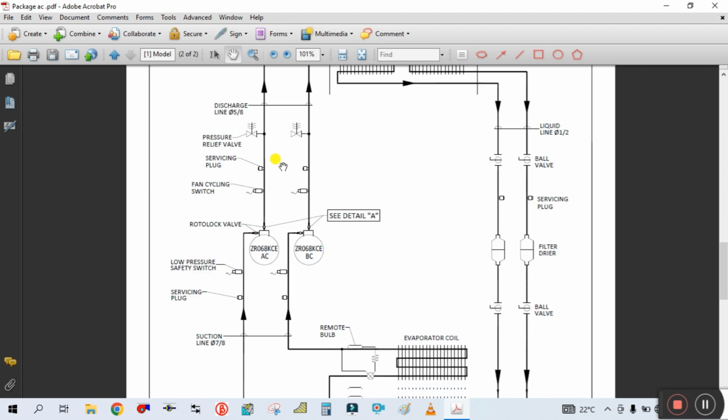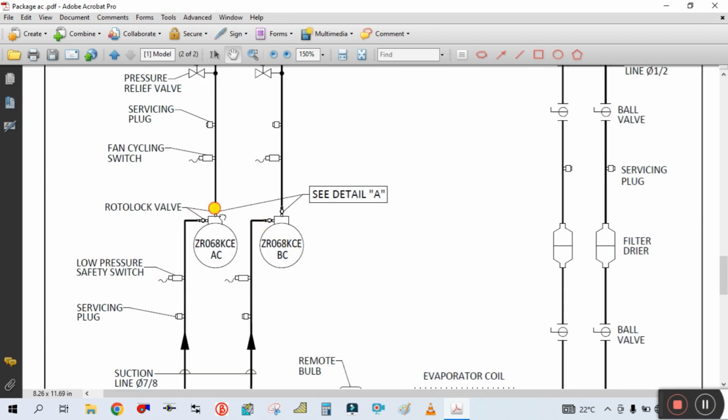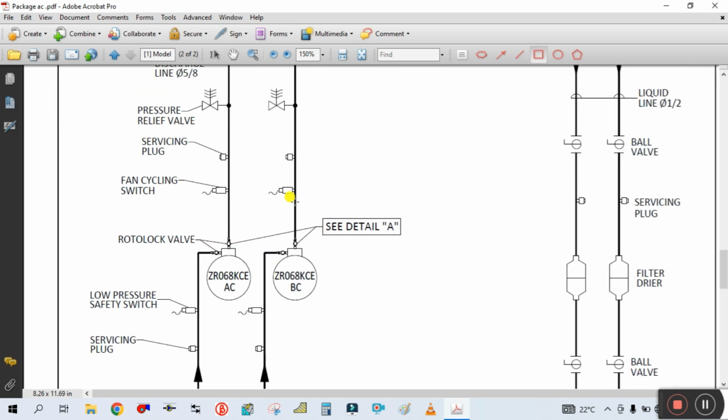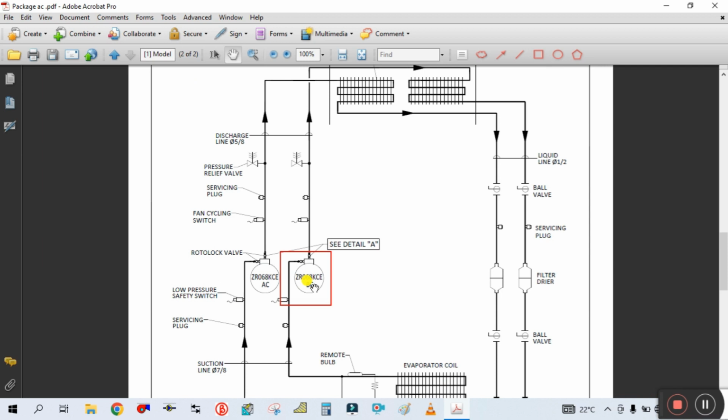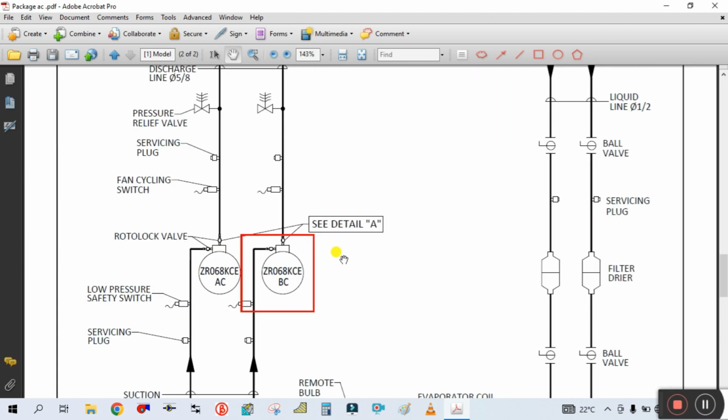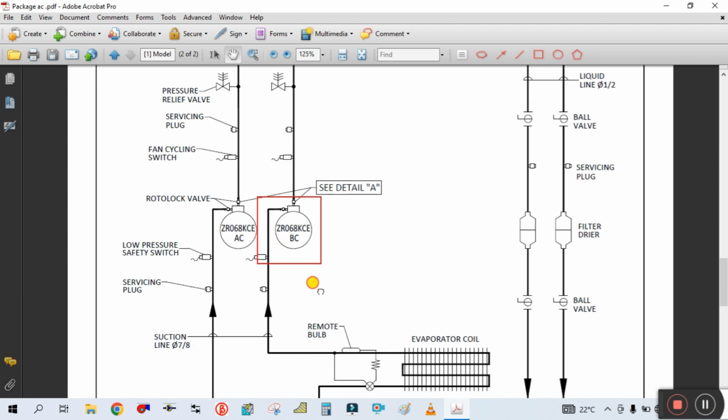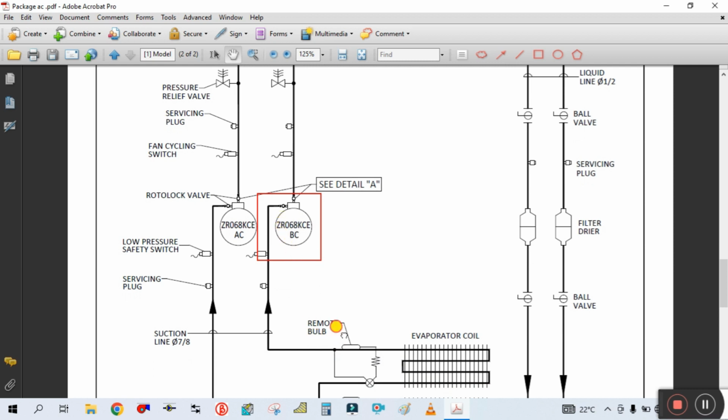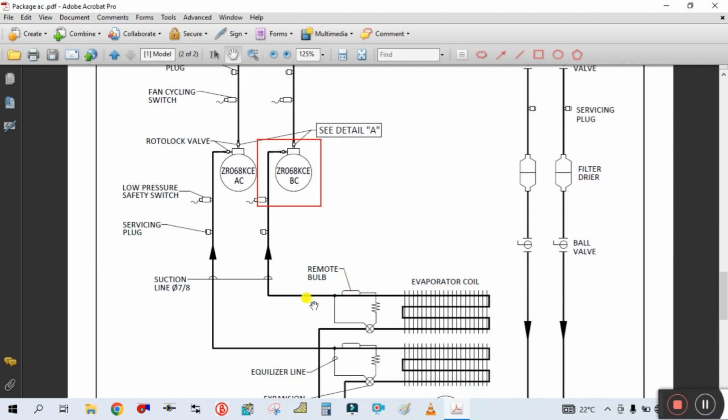So how does it work? You can see this is the compressor. This is the main component of this vapor compression cycle. That's why this cycle is called vapor compression, because the vapor is compressed inside this compressor. We have to charge the vapor in this line.